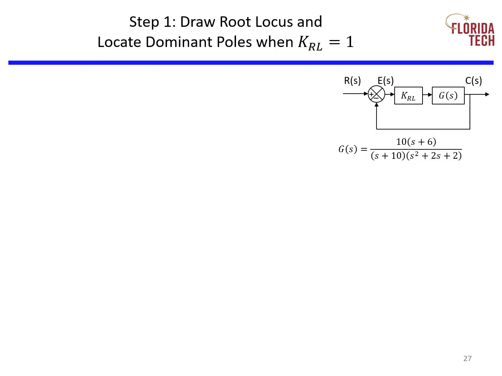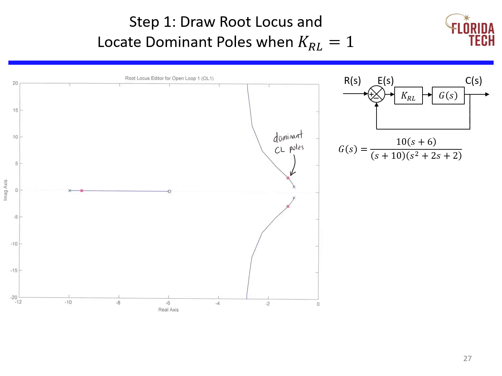For this example, G is given as 10 times (s plus 6) divided by s times (s squared plus 2s plus 2). We can determine the damping ratio and natural frequency of the baseline system by plotting the root locus and reading the data after clicking on the pink box, for K root locus equal to 1.